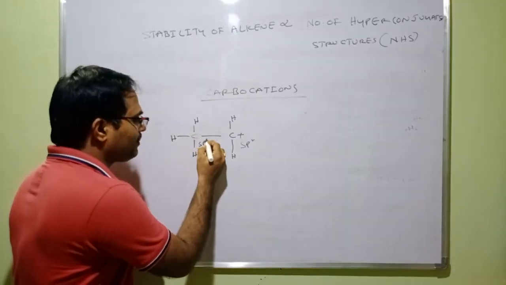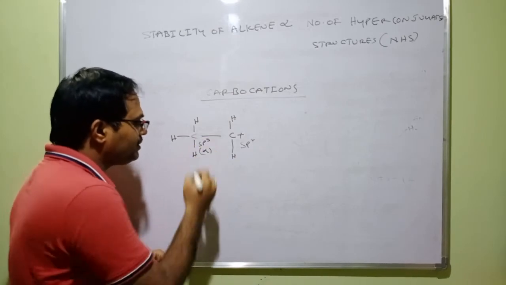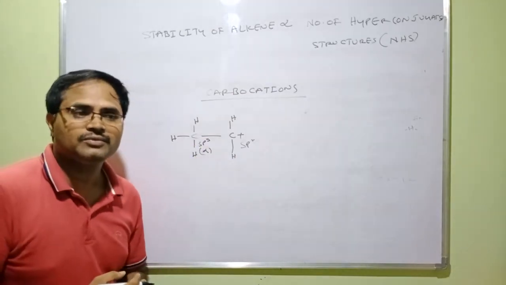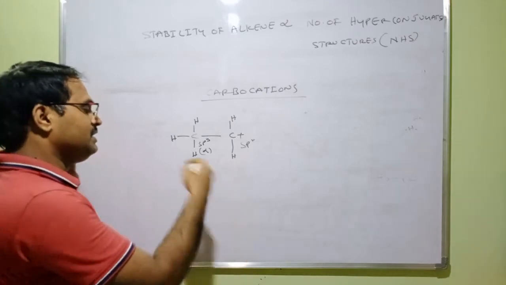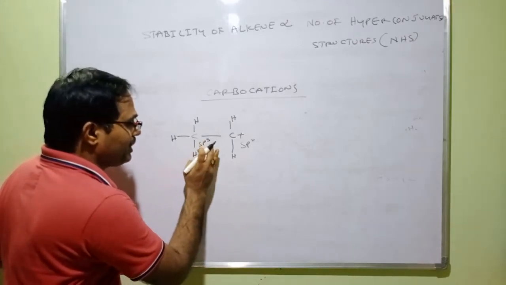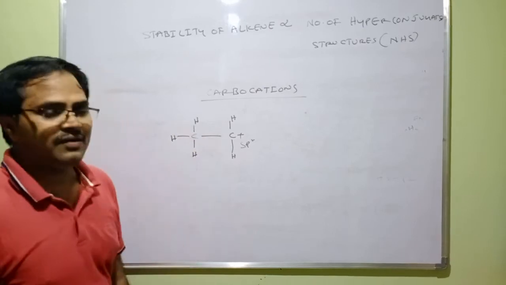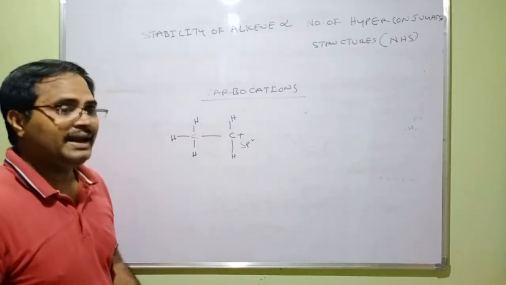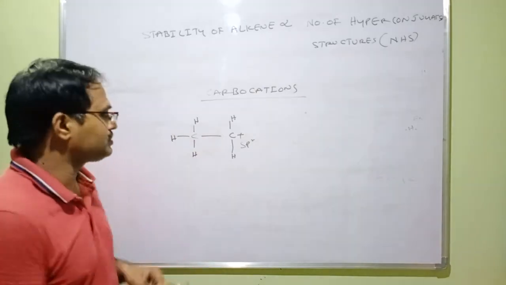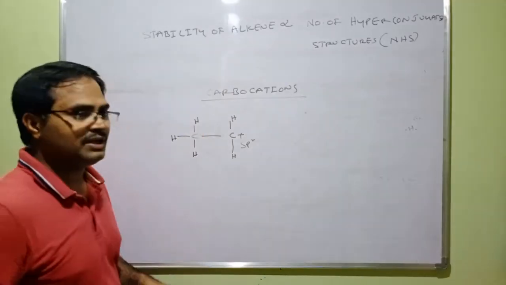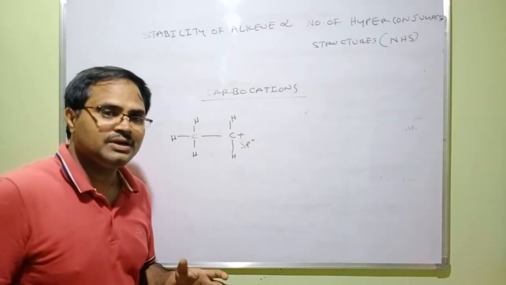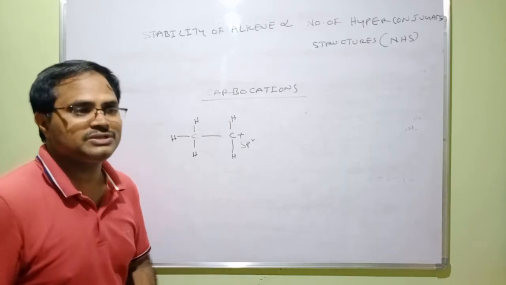That sp3 carbon is called the alpha carbon. And at the sp3 carbon you should have CH bonds. CH bonds are there. So all conditions are fulfilled to show hyperconjugation.